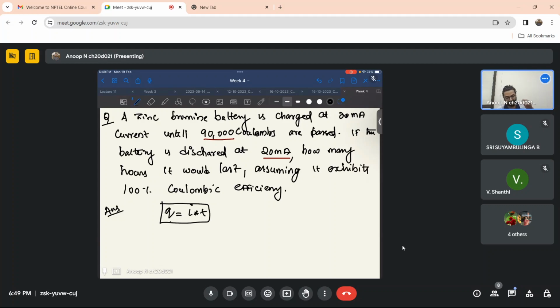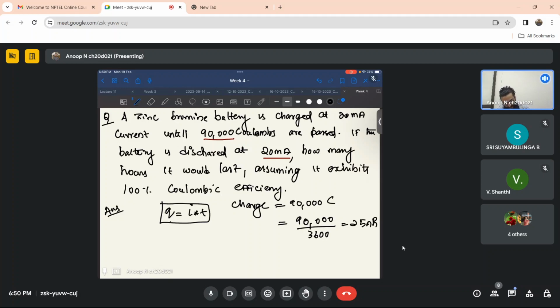So how will you solve it? I'll reduce the numbers to small values. At the time of starting discharge, charge is equal to 90,000 coulomb, right? I'll just convert it into ampere hour: 90,000 divided by 3600, which is nothing but 25 ampere hour.